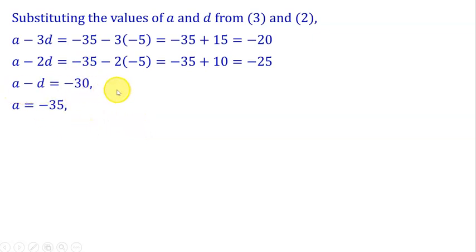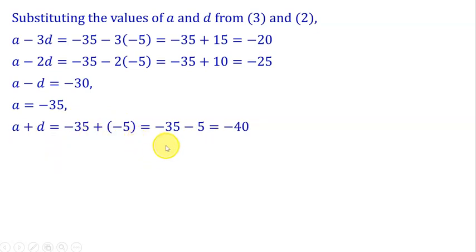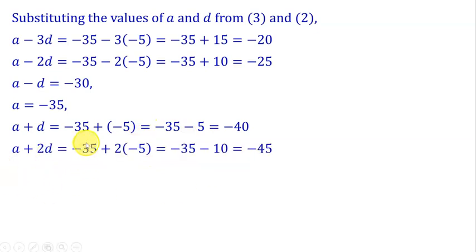Again, a minus d, that is given, this is the temperature on Wednesday. If you simplify this, it is minus 35 minus in bracket minus 5, minus minus will become plus, minus 35 plus 5, you will get minus 30. Next, a plus d: minus 35 plus in bracket minus 5, minus 35 minus 5, minus 40. a plus 2d: minus 35 plus 2 into minus 5, minus 35 minus 10, you will get minus 45.